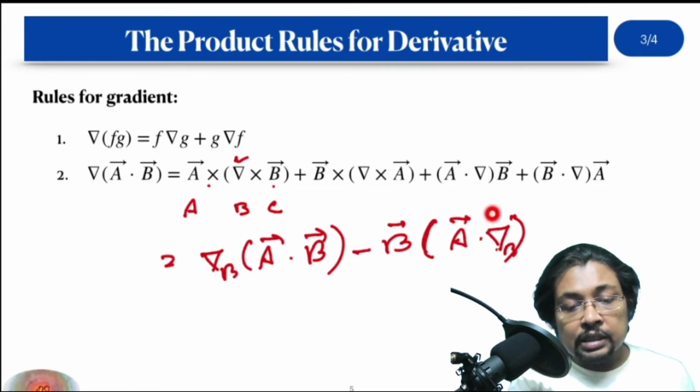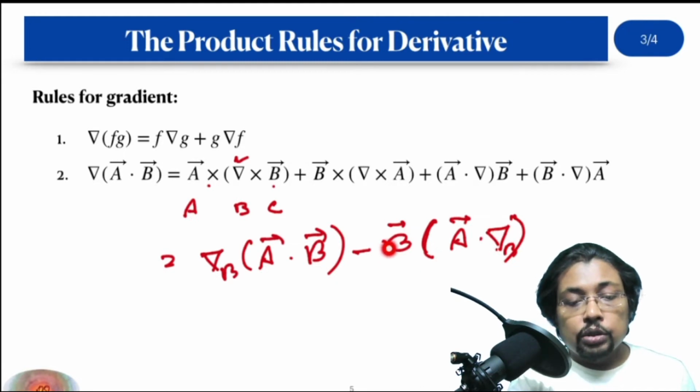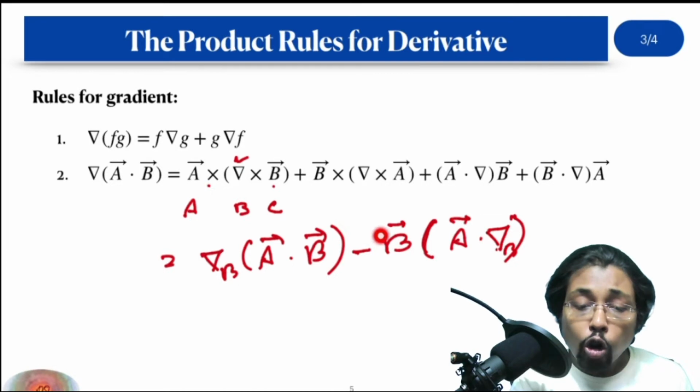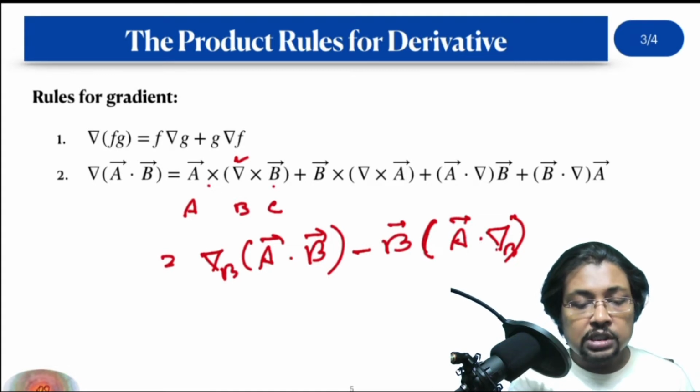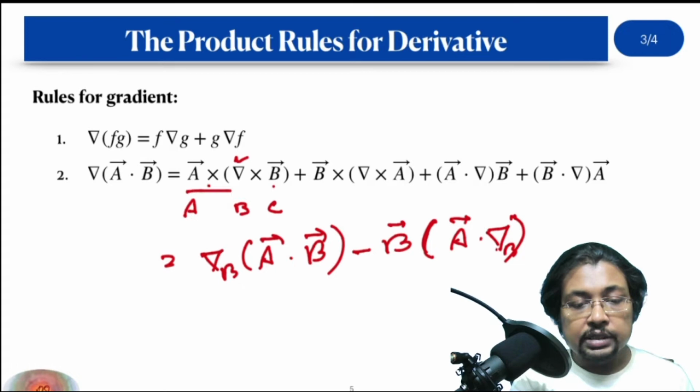So when this scalar quantity is operated over this vector B, as there is no unit vector, no dot product, no cross product, this operator will be operated over all of the components of the vector B. Such kind of example I will show you in this lecture later on. Anyway, this is the BAC-CAB rule for the first case.